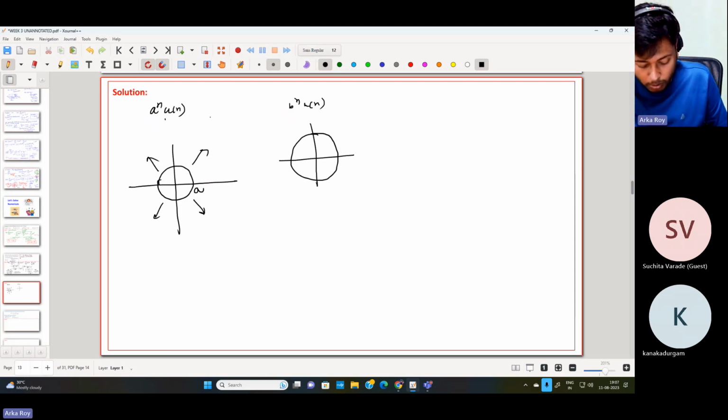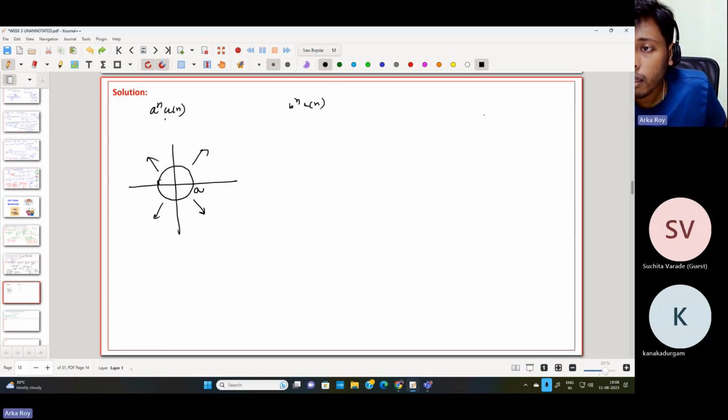Let me just draw it over here. It has already been told that b is greater than a. So b will come over here. This is b, and the unit circle.